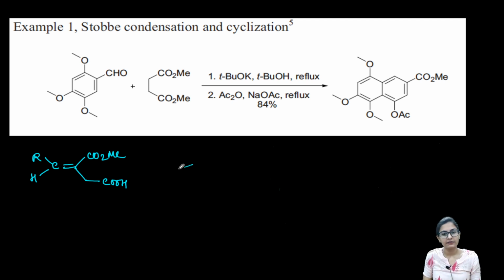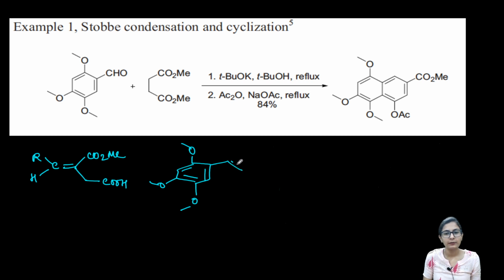What is the R ring that we have? Something like this. This is the ring that you have, and now this is the carbon, this is the aldehyde carbon, and here it is.